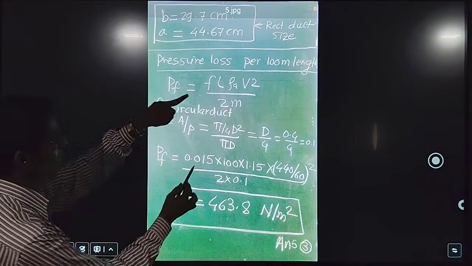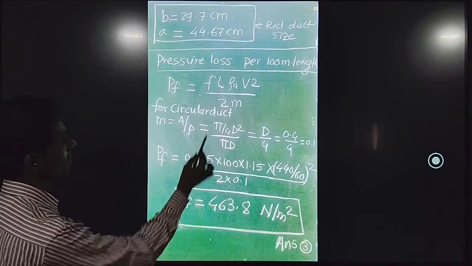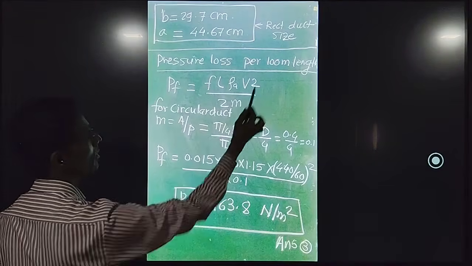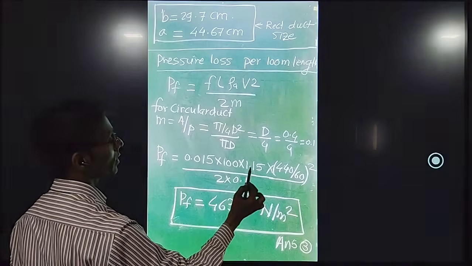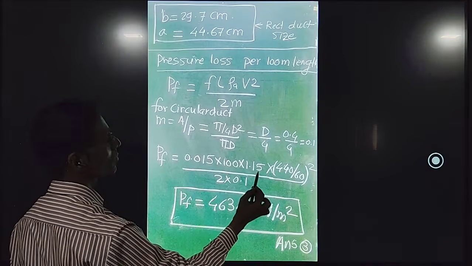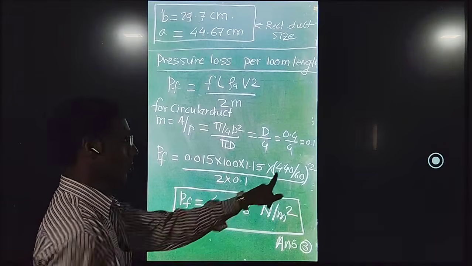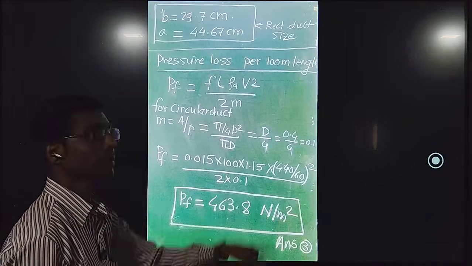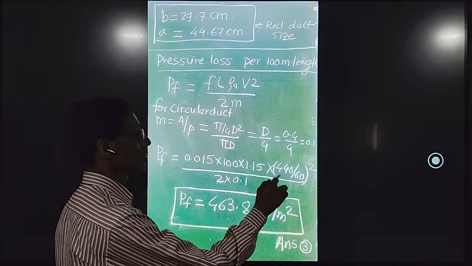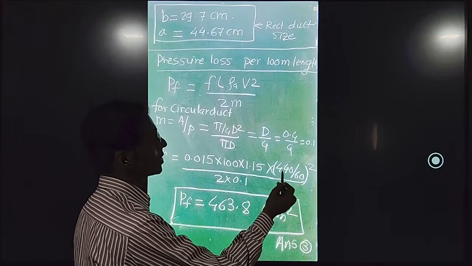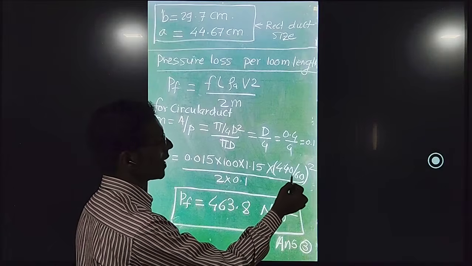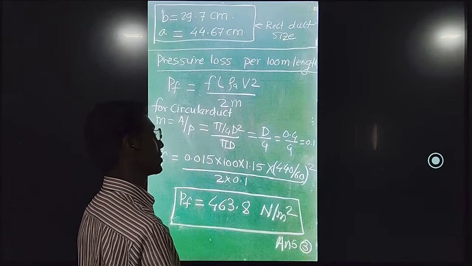So f, the friction factor, is given. Length we take as 100 meters because it is asked for 100 meters. Here rho, the density of air, is 1.15, and velocity 440 meters per minute is mentioned. So we have to convert that into meters per second, that is why we divide this 440 by 60.